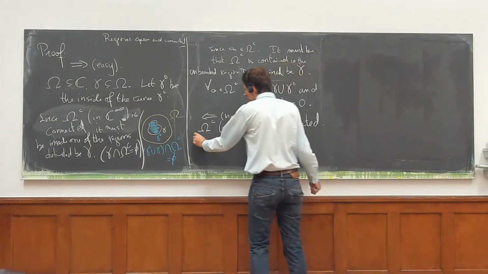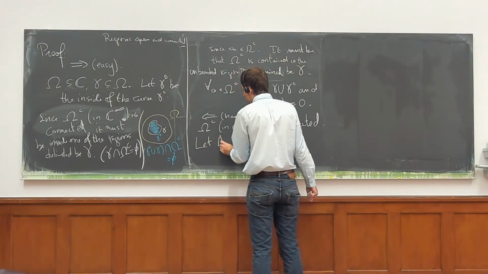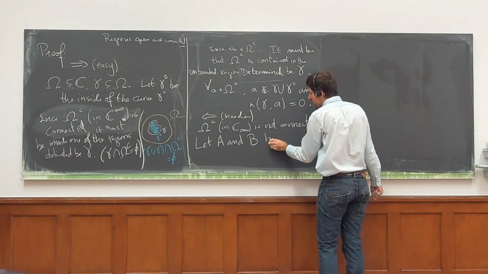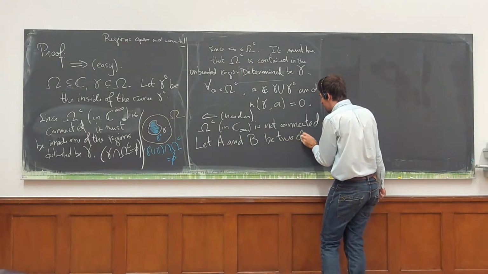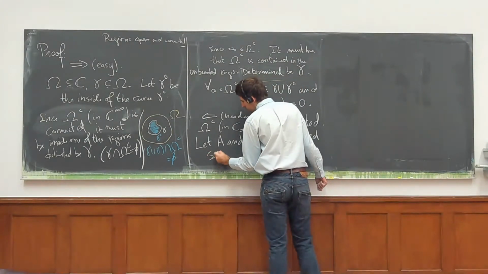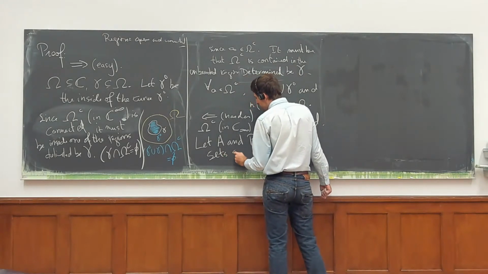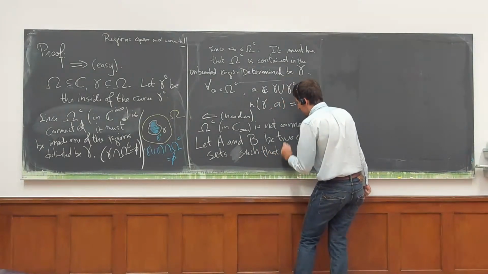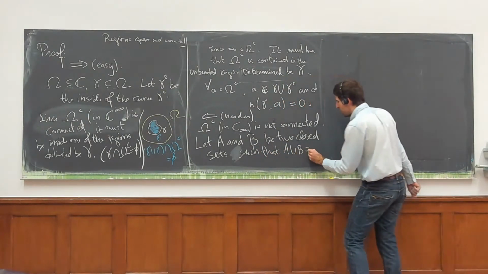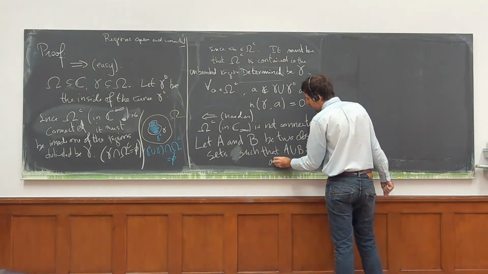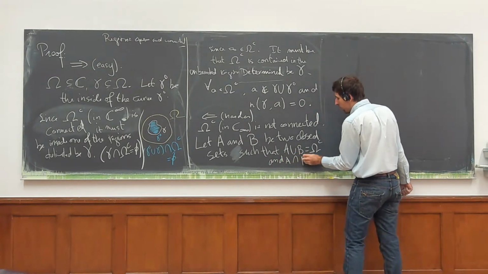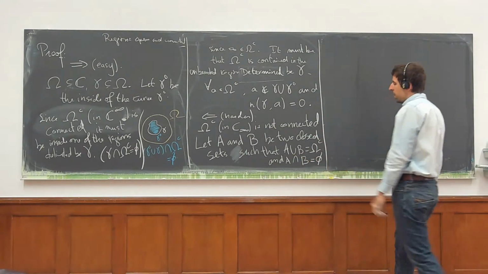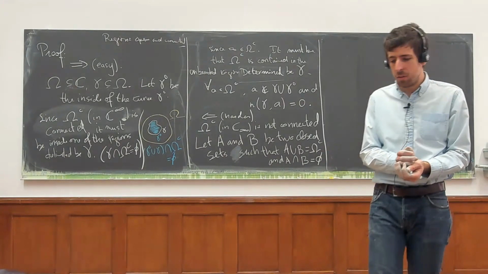So let A and B be two closed sets such that A union B is equal to the complement and they don't intersect. Because the complement is disconnected, such a thing must exist.